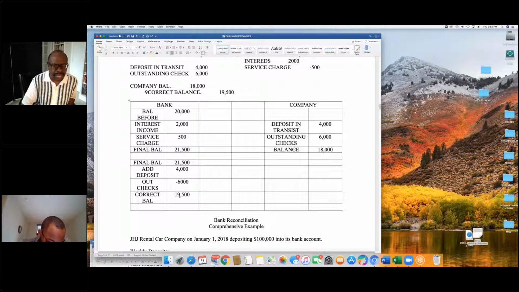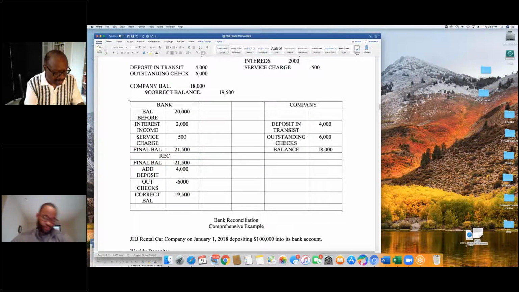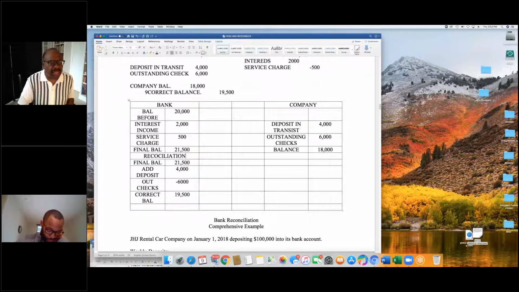Now, once we have a correct balance, when we get ready to get on the company side, so go through merge cells. Okay, so here we have the reconciliation. So we have their balance, then the reconciliation, they have to pull things over here.